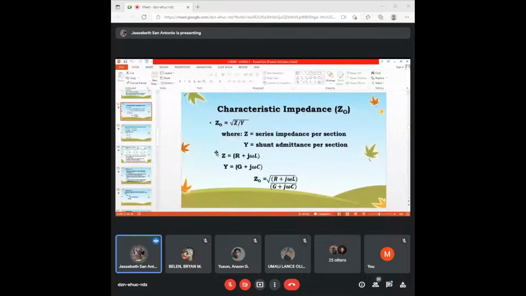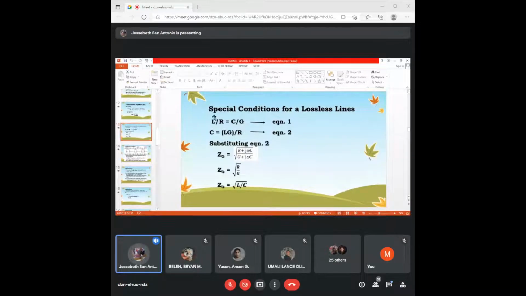Okay, so this is the derivation. Then, if we use this equation, when I presented to you the characteristics of a transmission line, we were able to mention this. If we apply this and substitute it here, then we shall arrive at characteristic impedance is the square root of L over C.